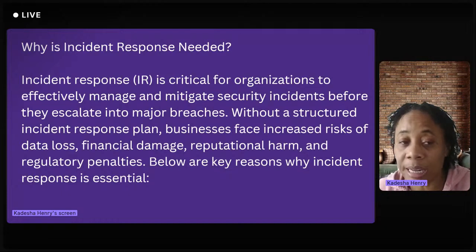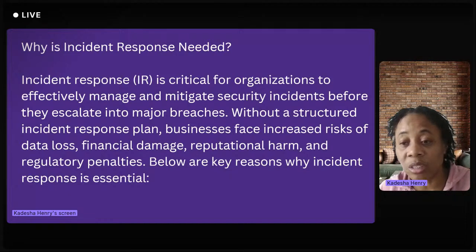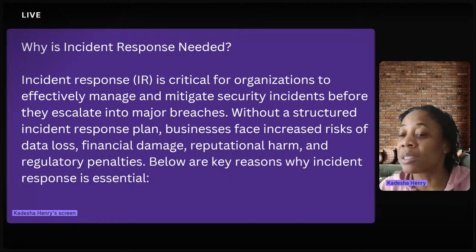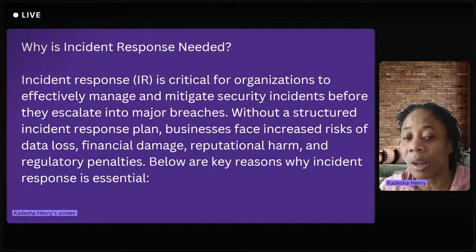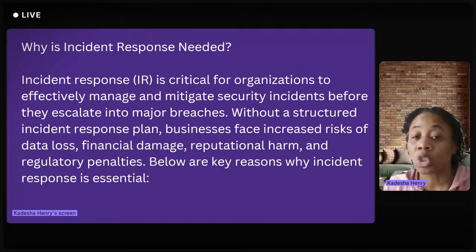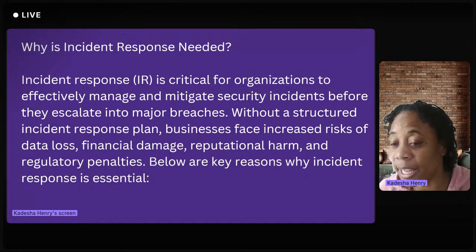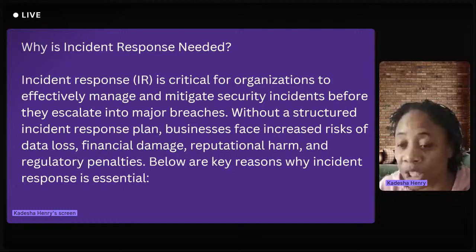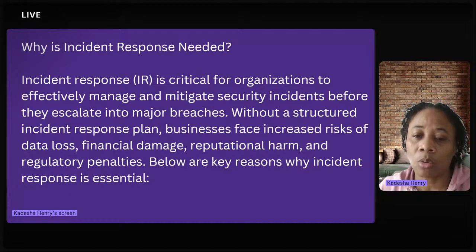Without a structure for incident response, businesses face increased risk of data loss, financial damage, reputational harm, and regulatory penalties, because some places will tell you that there has to be some plan in place, and if it is found out that you breached, that you didn't follow the regulation, then you have to pay a penalty, right?